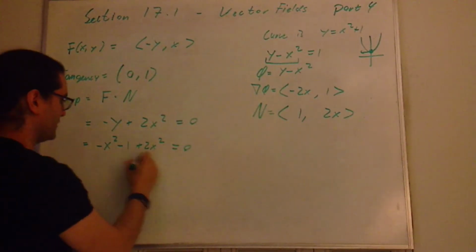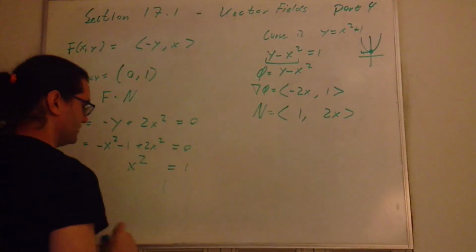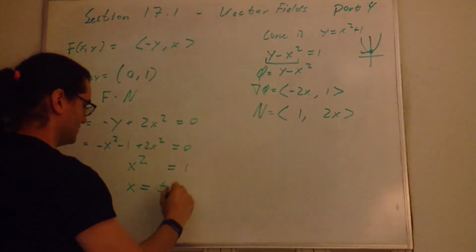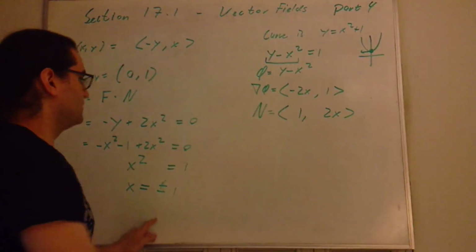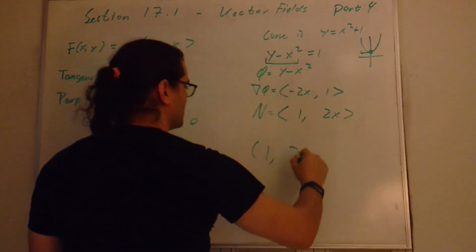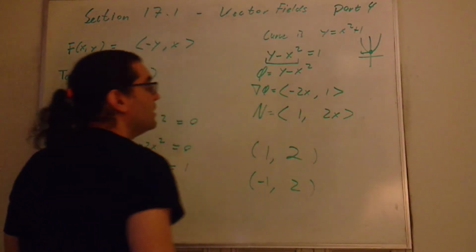I'm going to move the 1 to the other side. Combine these like terms into x squared equals 1, which will give me x equals plus or minus 1. So I should have 2 points here. x equals 1, y equals 2, and x equals negative 1, y equals 2.